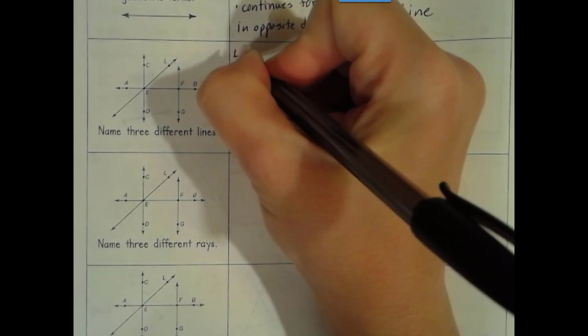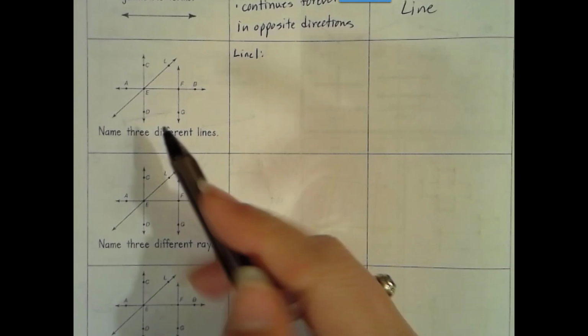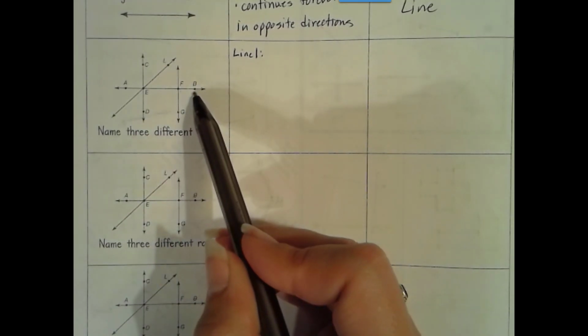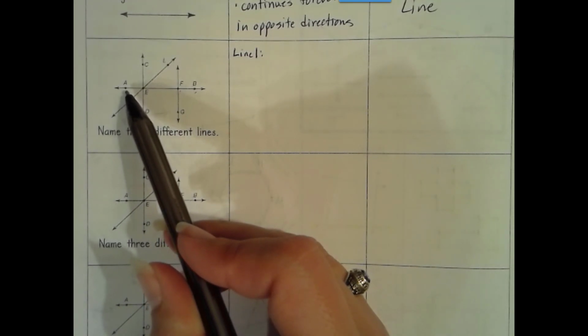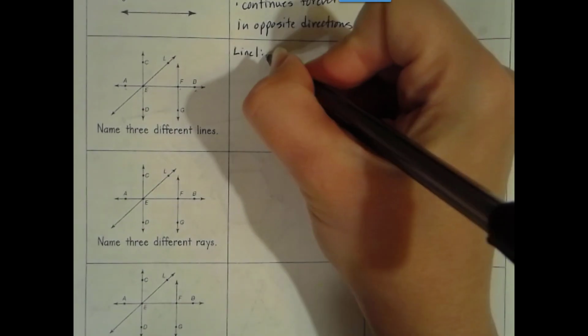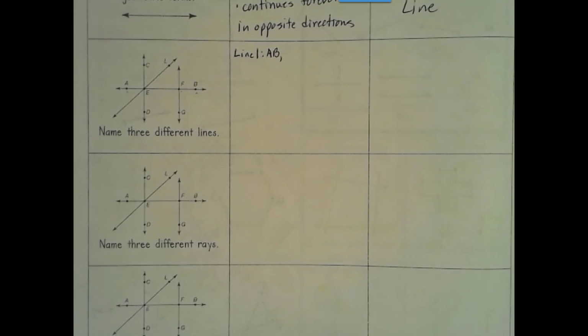So that one I'm going to call line 1. And if you notice, it has 1, 2, 3, 4 points on it. So I could use the 2 farthest ones. I could call that AB. I can't use just A or just B. That's not enough information.